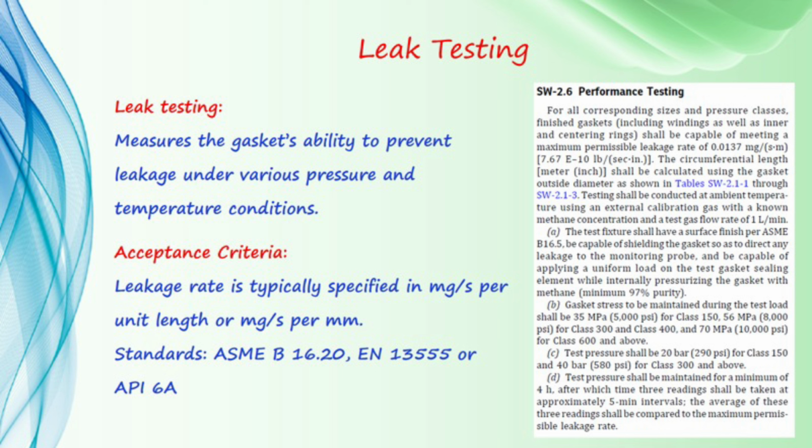I have mentioned the acceptance criteria as leakage rate, typically specified in milligram per second per unit length, or milligram per second per mm. Reference standards are ASME B16.20, EN 13555 or API 6A. So relevant standards need to be referred to during the verification of the mill test certificate by the QC inspector.